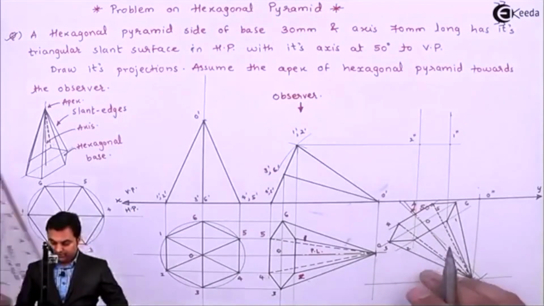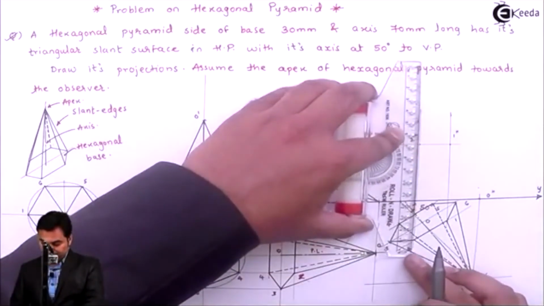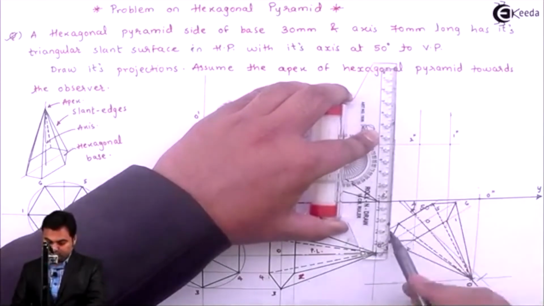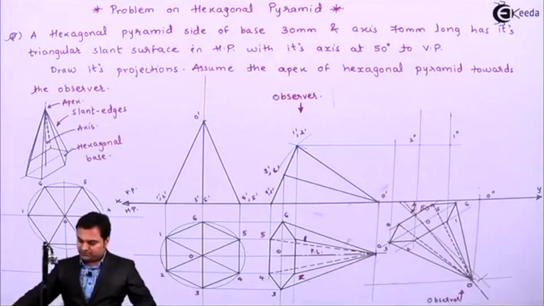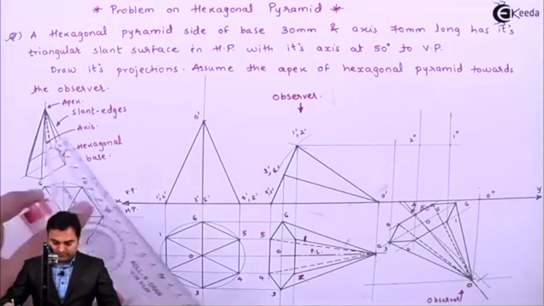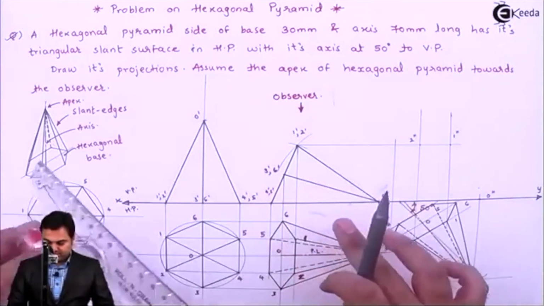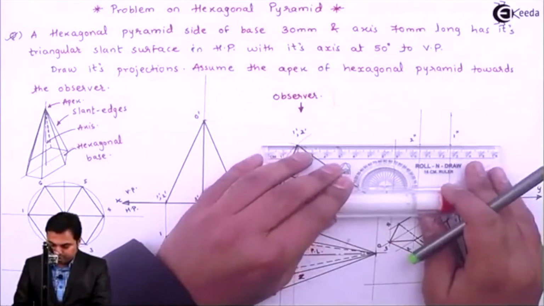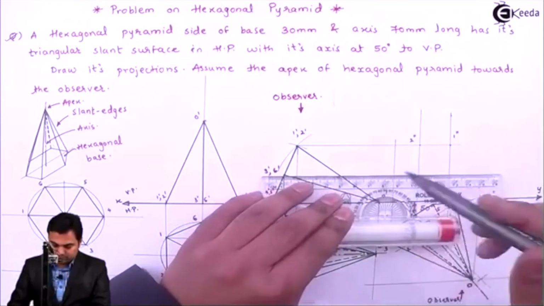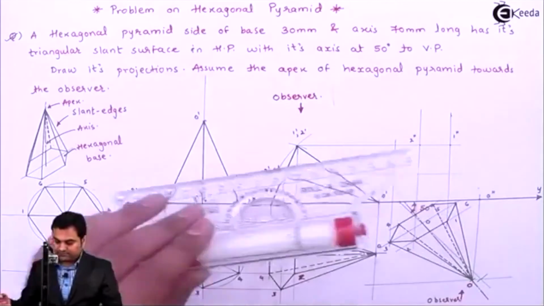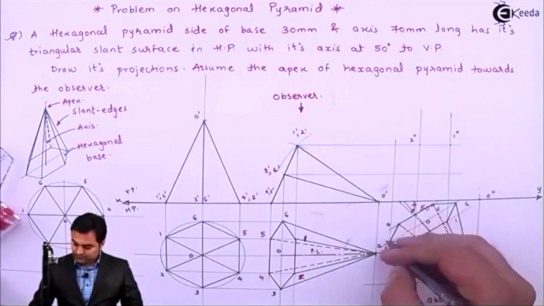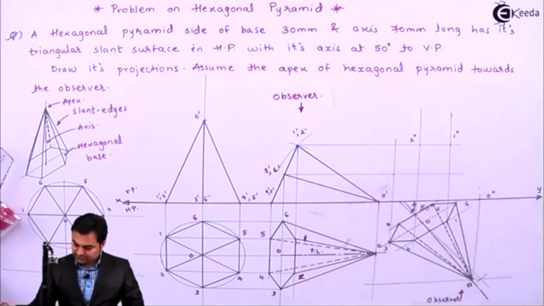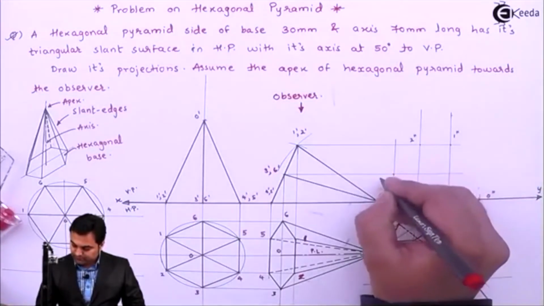Then point 3, now after projecting point 2 there is point 3. In the front view we have 3 dash 6 dash, projecting light, and here wherever point 3 and 3 dash intersect, that will give me the point 3 double dash.